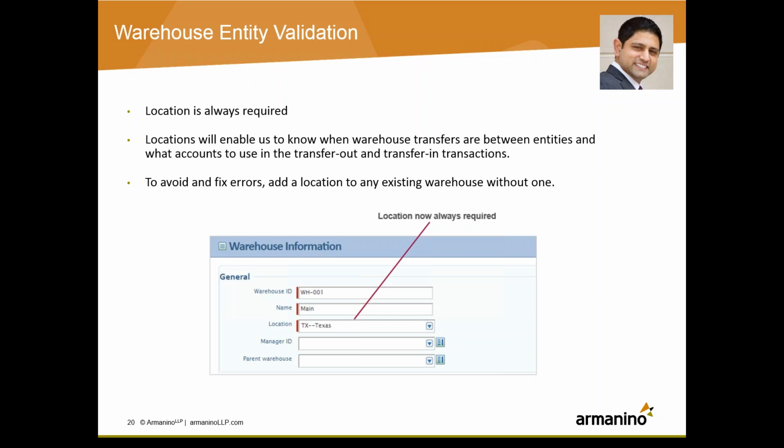If you do have warehouses that are set up without a location right now, the next time you go in and edit that warehouse, it will turn back an error and say, hey, a location is now required. To avoid that, you can just go in right now within your environments and assign it those locations, and that way you don't run across that error later.